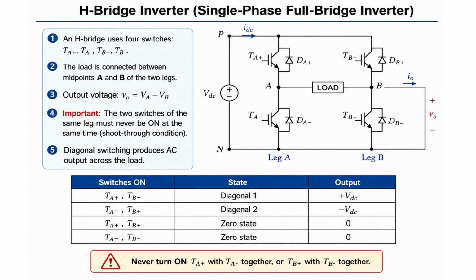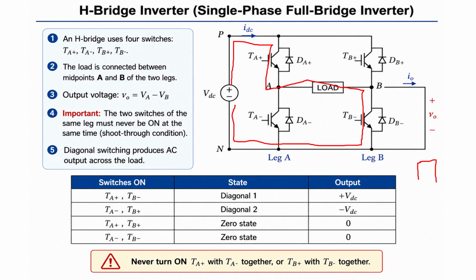So the circuit starts from the source through TA plus, the load, then TB minus, back to the source. At that time the load is directly connected to the source, so the output voltage is plus VDC.